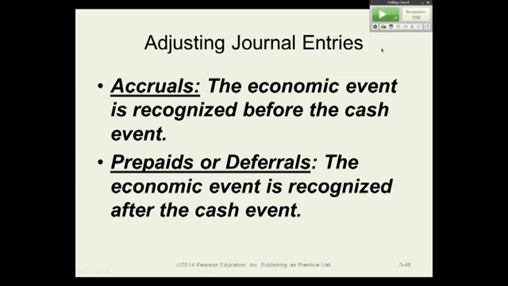Another type of deferral is where you pay for services up front. So what if you pay for insurance, you pay for rent? Even a plant asset, even a building, when you buy that, you're prepaying for that service. So if you pay for it first, it's a deferred or a prepaid expense. When you use it up, it becomes an expense. So the example we had earlier with the office supplies are deferred.